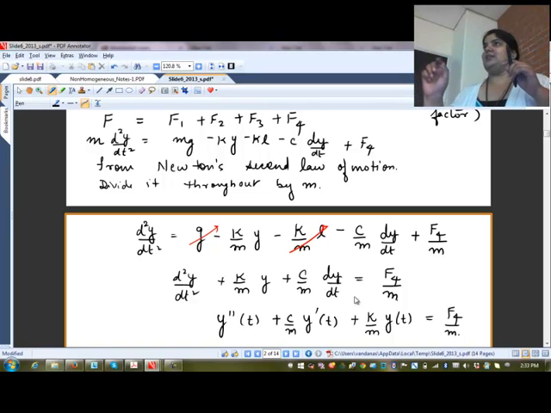Now mg is not balancing that motion. There would be a force of friction on the table. But if I say there is no force of friction, then you have to balance all the forces and set up a differential equation.